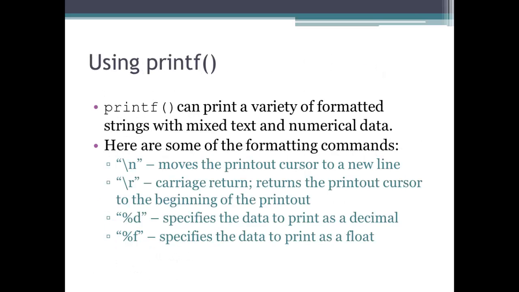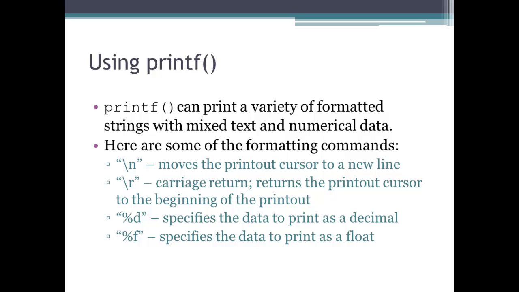So in using printf, a couple of identifiers or formatting commands are really useful to get familiar with, including any of these characters, which allow you to move the cursor around and also specify how the data should be printed. So a \n moves the printout cursor to a new line.